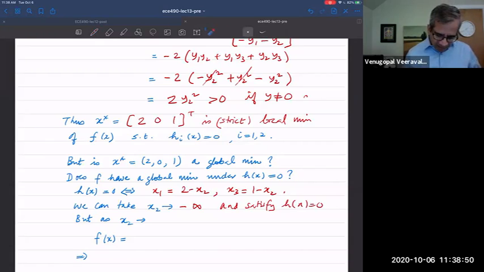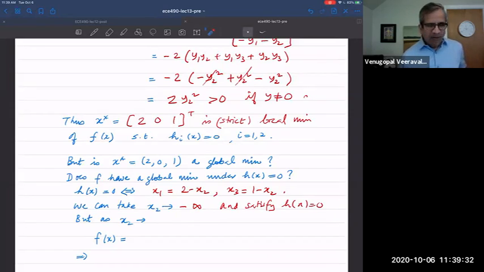Because we can take x2 to minus infinity and then x1 is going off to plus infinity, x3 is going off to plus infinity, but they all remain in the constraint set hx equal to 0. Okay, so now I have a situation where I have a constraint set which is really not bounded because I can make the norm of x go to infinity on this set. So the set is not bounded. It's closed, but it's not bounded.